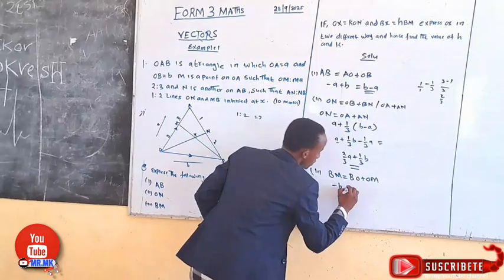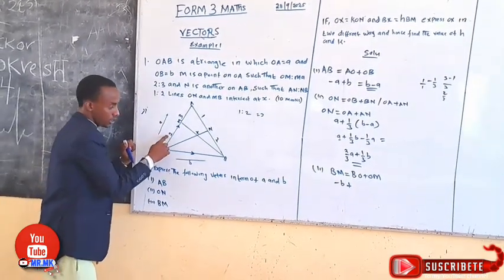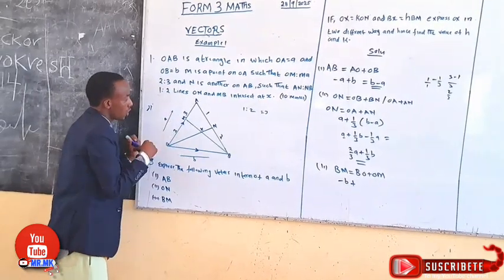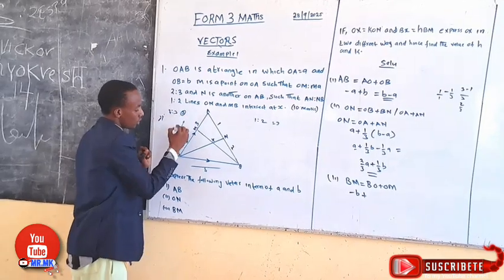Now, plus my OM will be, OM is 2. The total ratio, 2 is to 3. 2 plus 3, 5. My total ratio is 5.